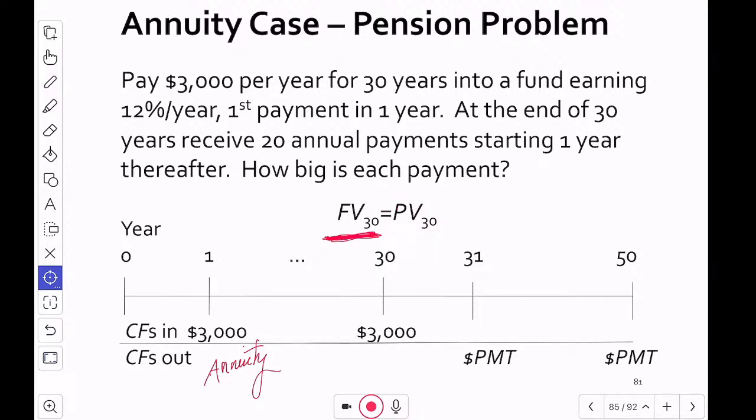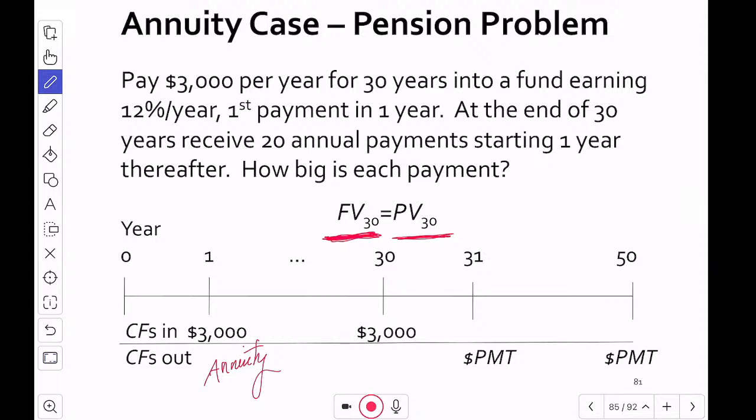So notice at any given point in time, I could look backwards and say this is the future of what was, previously at time 0. Or I could look forwards and say, this is the present of what's to come. So when I write this down, the future value at time 30 is identical to the present value at time 30.